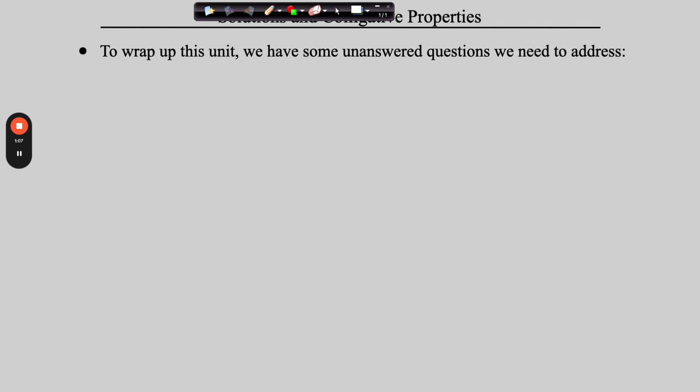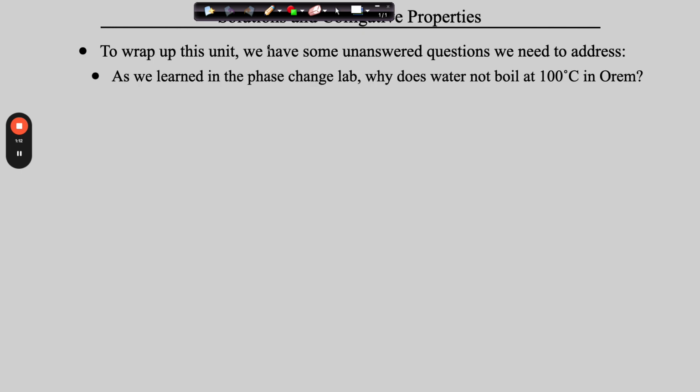So guys, as we've been wrapping up this unit, there are really two questions that we want to address today. One is this: in the phase change lab, we learned that when water boils, its temperature doesn't change. We talked about the idea that when water boils, the intermolecular forces are breaking, but the temperature doesn't change when that happens.